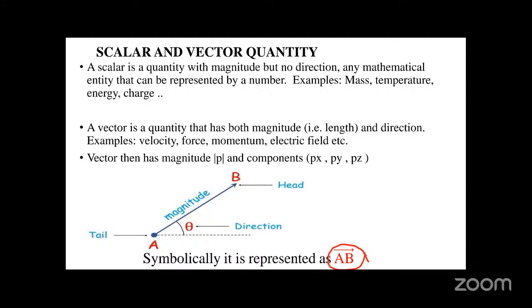So here we have a vector whose magnitude is the length, and then the direction is given to us here as the angle the vector makes with the horizontal line. So we can use the arrow as a vector. The head tells us the direction of the vector.